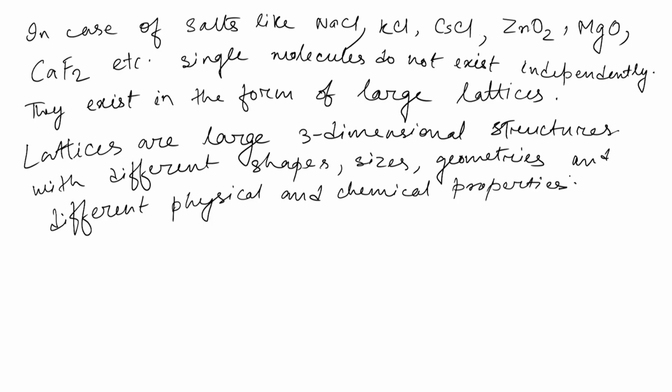Lattices have different arrangements of atoms or ions, different shapes, different sizes, and their properties are also different. So, in these cases, single molecules do not exist independently.